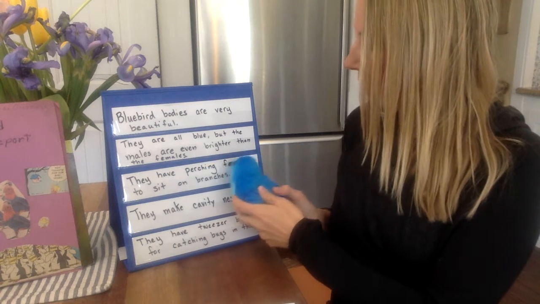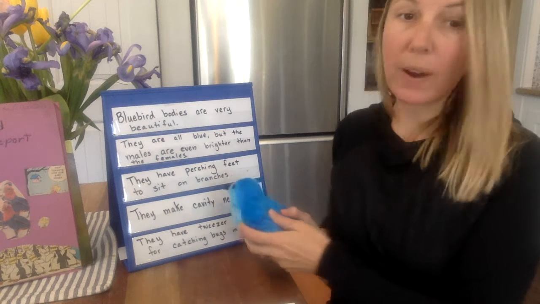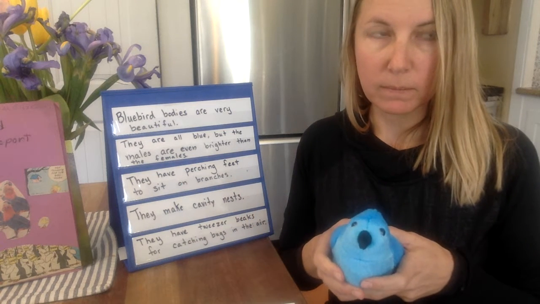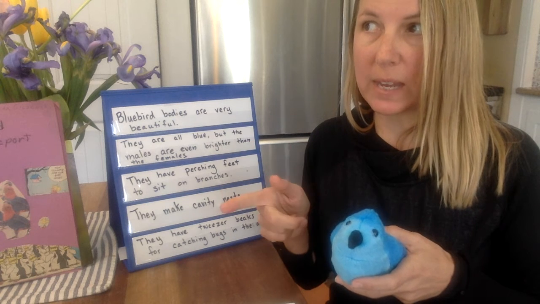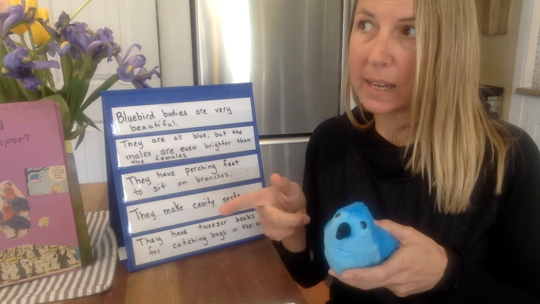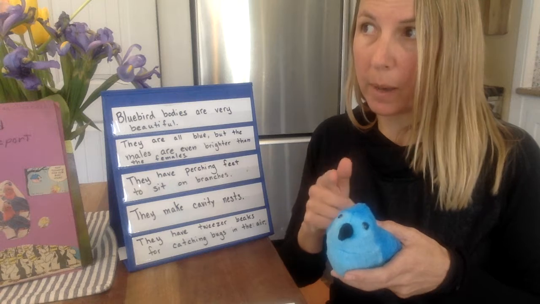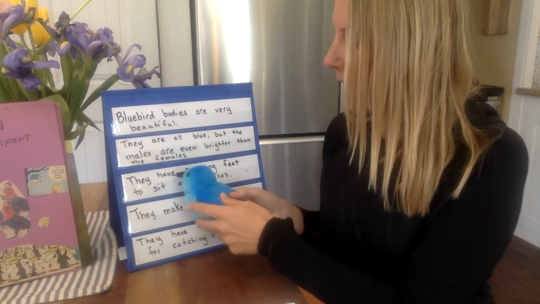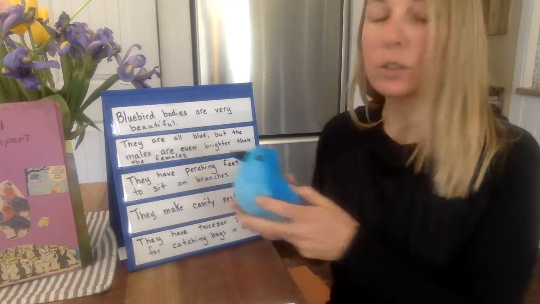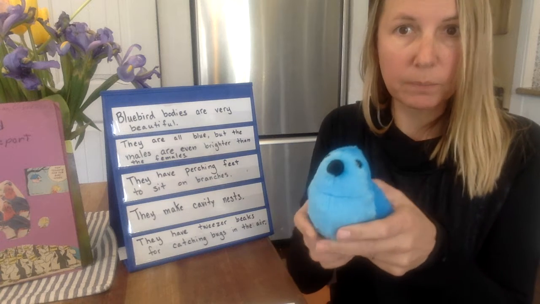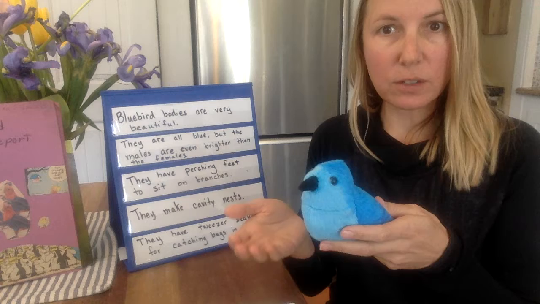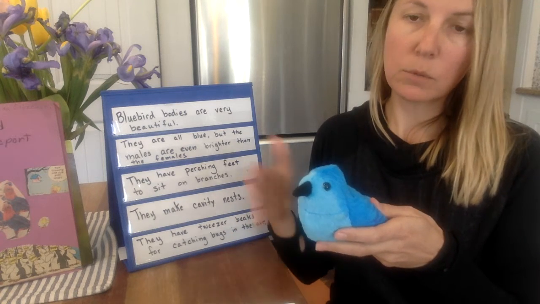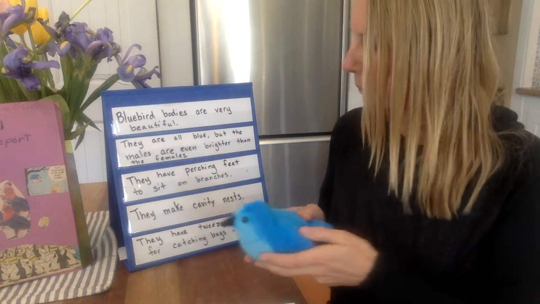They have perching feet to sit on branches. Now, is that sentence about branches or is that sentence about the feet? If it's about the feet, that's part of the body. So let's see. They have perching feet to sit on branches. Yeah, that was a sentence about the feet. So the feet are part of the body. So yes, that describes a part of the body.